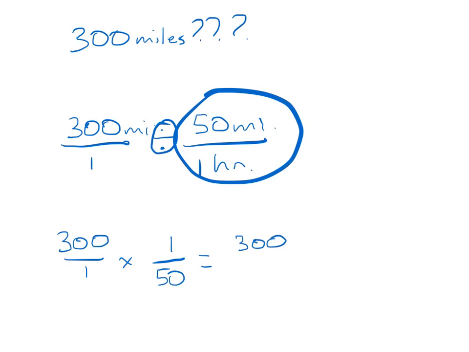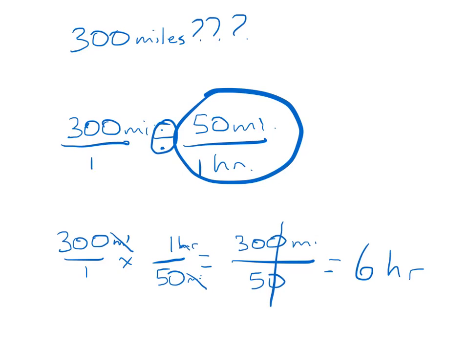So we have 300 miles, and this will be miles, this will be hours, and this will be miles, and so that'll be over 50. The miles cancel out the miles, and 300 divided by 50, I can cancel out those two zeros. 30 divided by 5 will be 6, and I'm left with hours. So it'll take me 6 hours.